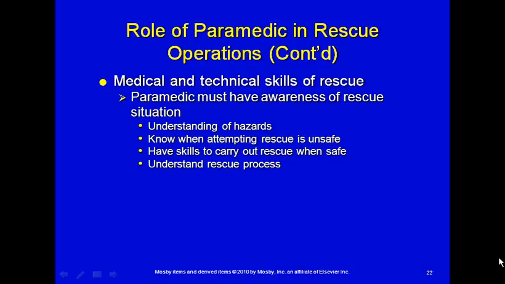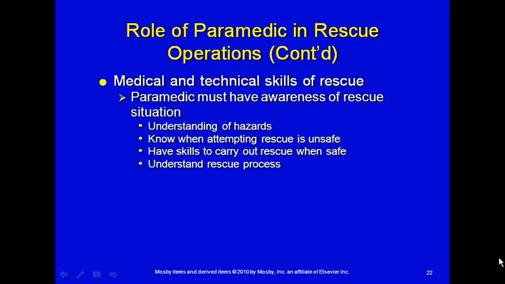I think it's important that as a paramedic you must be aware of the situation and understand what hazards you may be dealing with. Hazards may include things like airbags that have not deployed, leaky fuel, the potential for fire or explosion, and in addition to having an awareness of the situation, that includes knowing when the scene is safe.